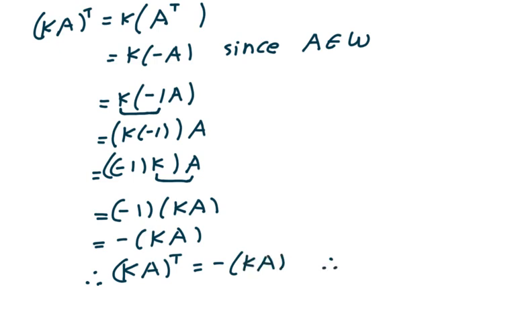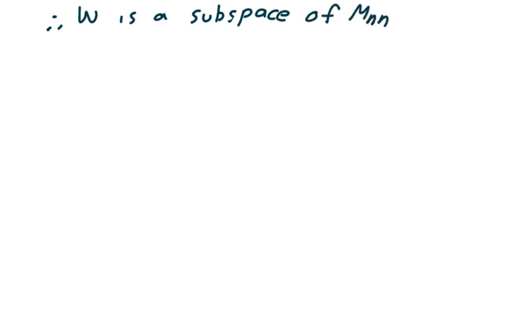And therefore, KA belongs to W. And so, therefore, W is a subspace of the set of all n by n matrices. I hope that makes sense.